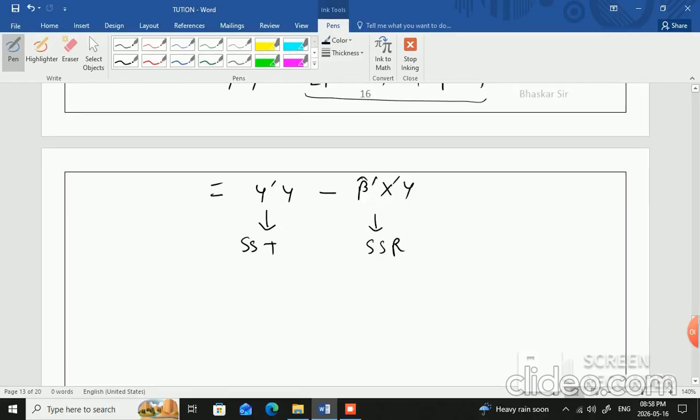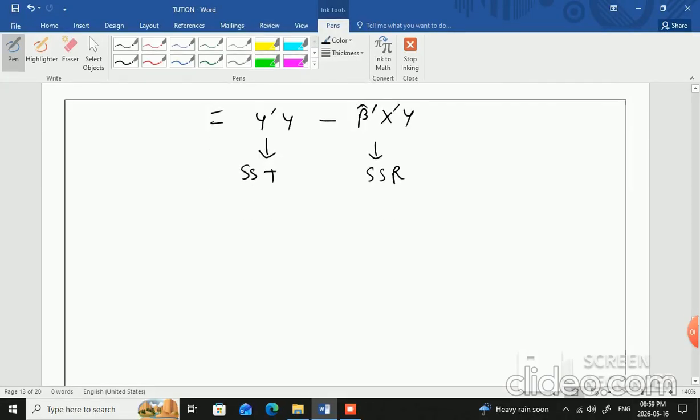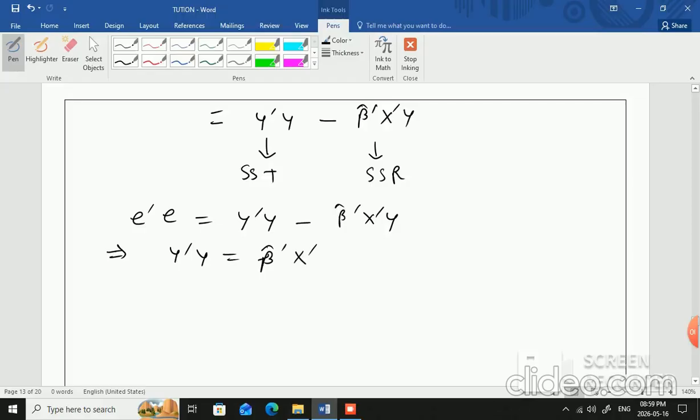So we get e dash e equal to y dash y minus beta hat dash x dash y. That implies y dash y equal to beta hat dash x dash y plus e dash e. That is, sum square total equal to sum square regression plus sum square error.